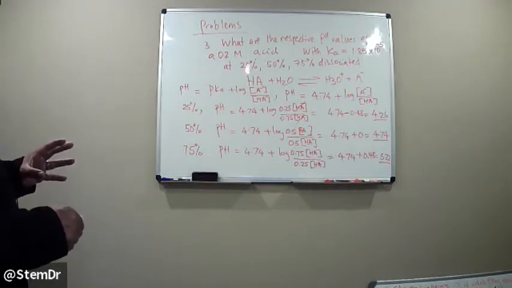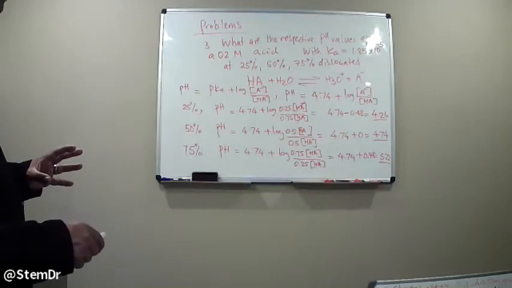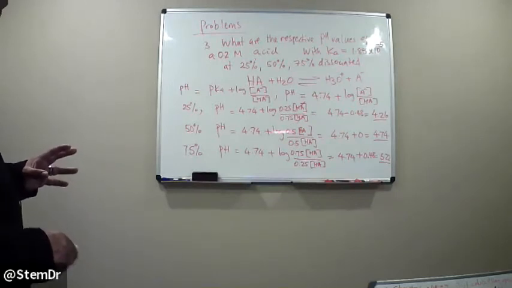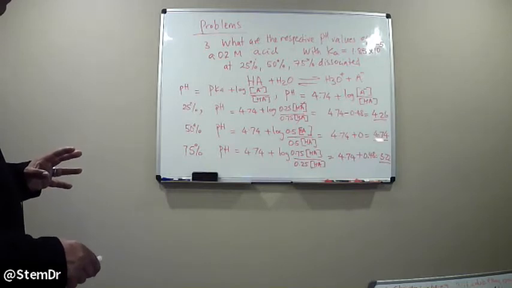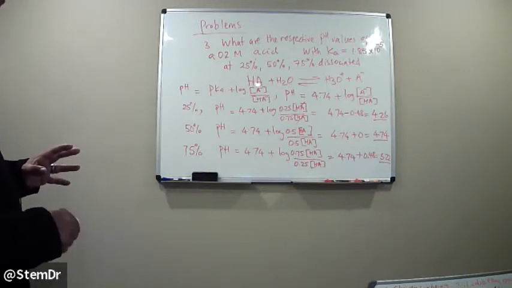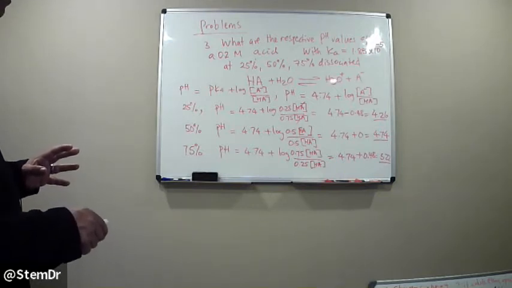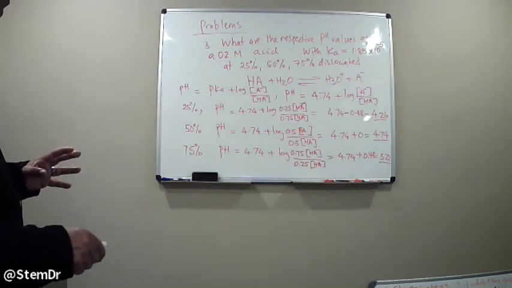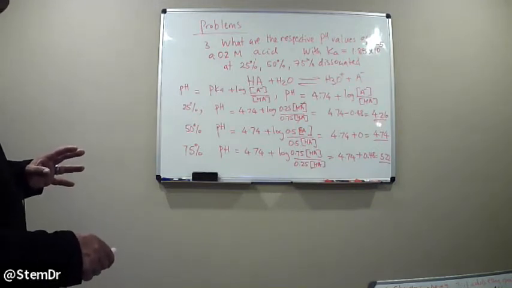For a weak acid, at 50% of dissociation, pH and pKa are the same. So 4.74, 4.74. As you see, as more of this is dissociated into the right, the equilibrium shifted to making more of the conjugate base, the pH now increases. So it's becoming more and more basic.